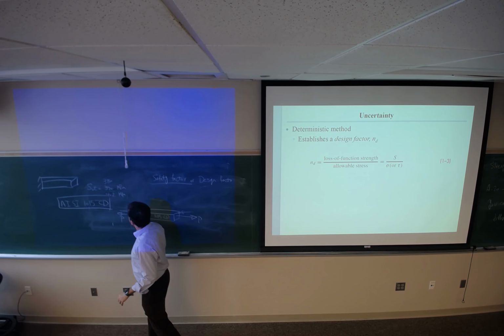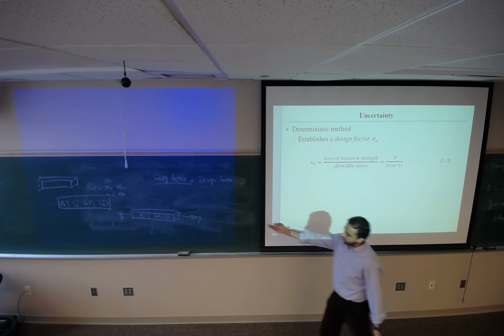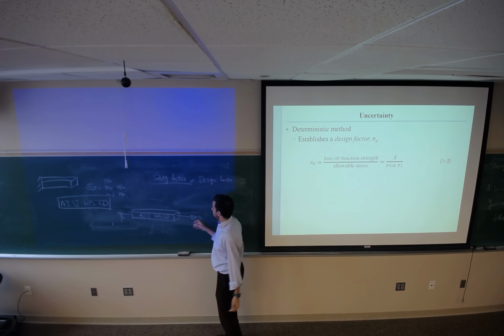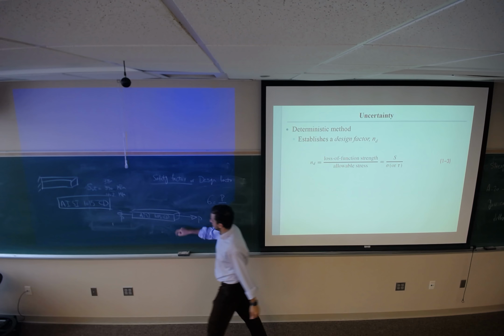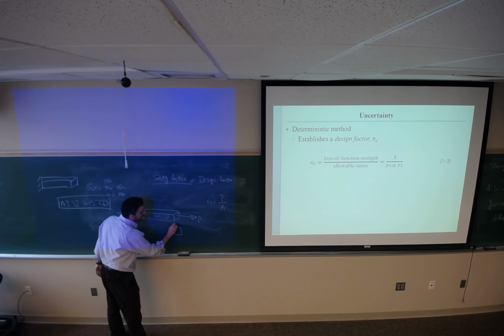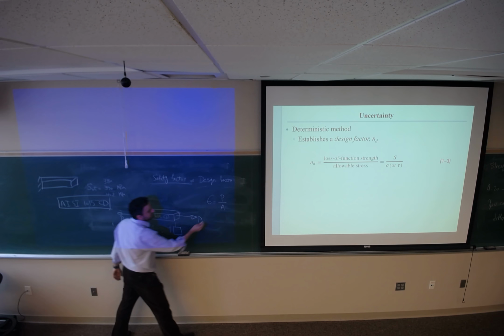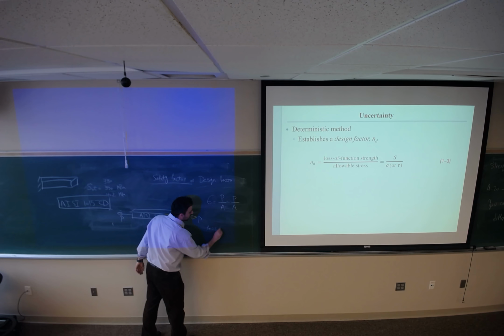Here we have tensile load. If I ask you what would be the stress applied to this bar, we can say the stress is force divided by the area, which is the cross section. Suppose it's 1 inch by 1 inch, so P divided by A, which is 1 times 1.